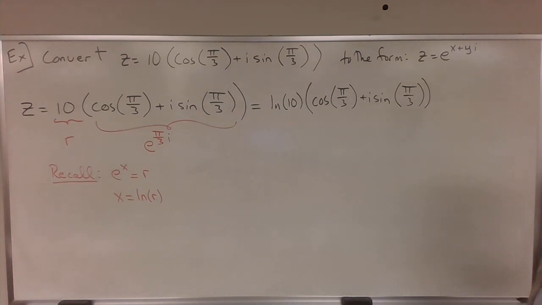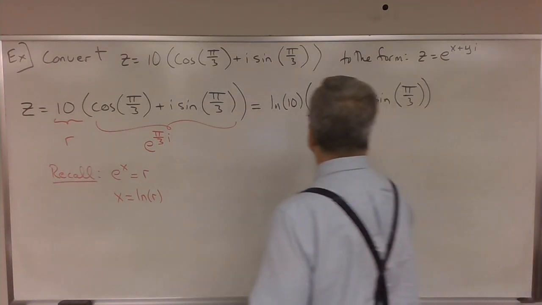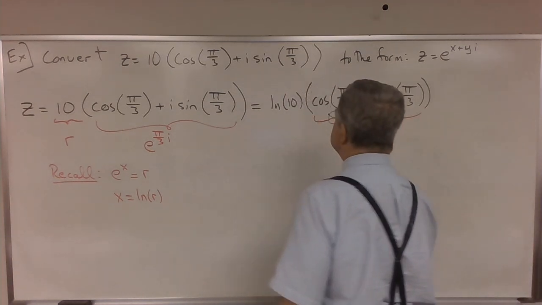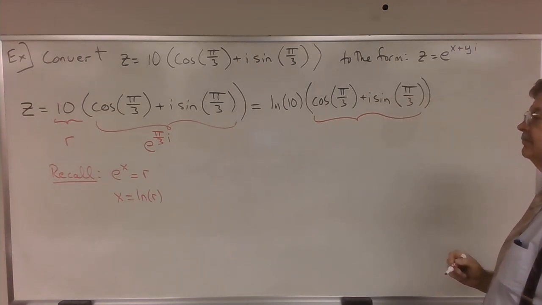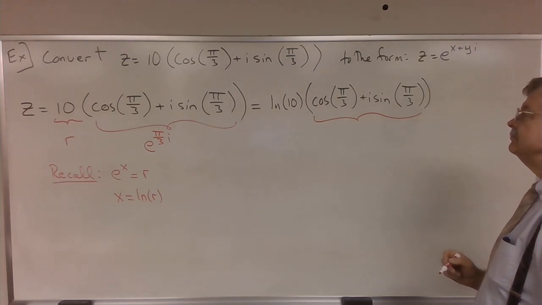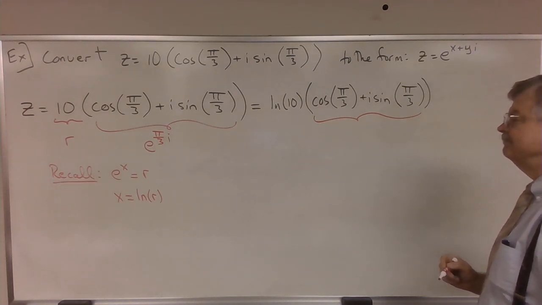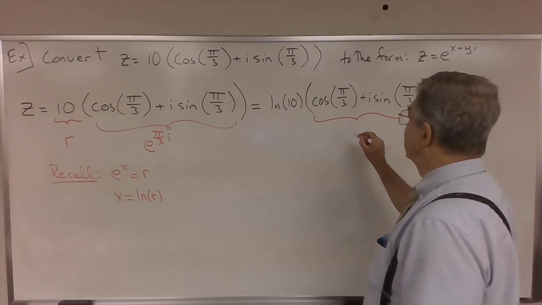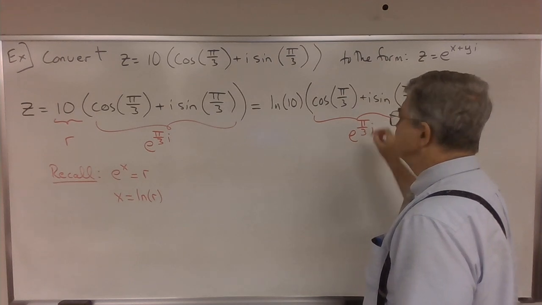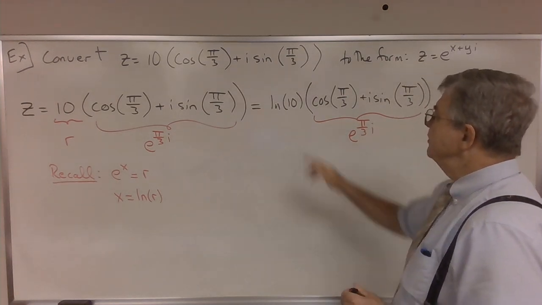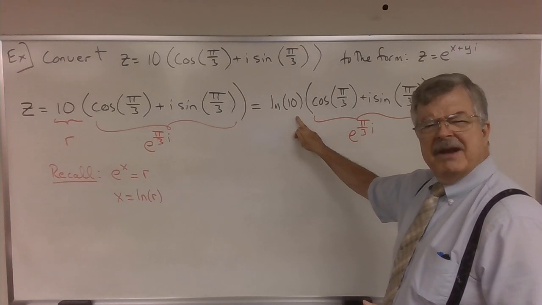And we are almost there. Again, we recognize that this part is e to the pi over 3I. And this part, did I do that right?